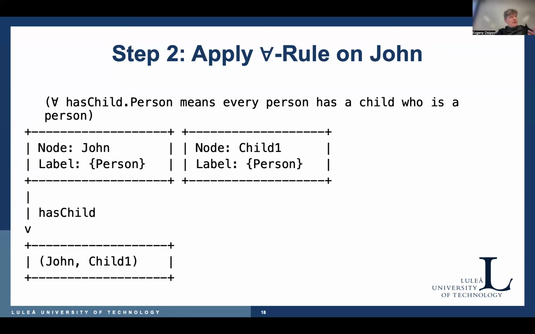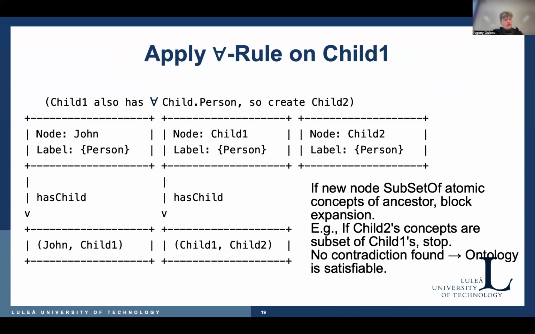And this rule doesn't end on this. It means that this child in itself, according to the rule, may in turn have another child, and you start to generate this node. Of course, for the universal quantifier, you can generate an infinite number of such new nodes.